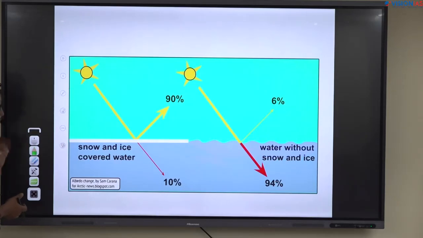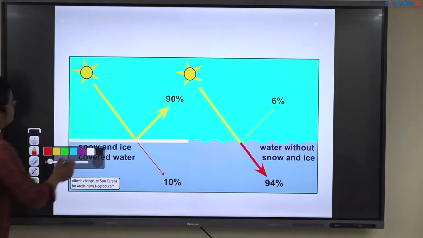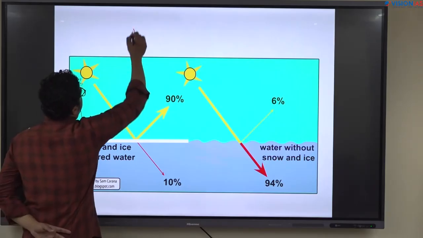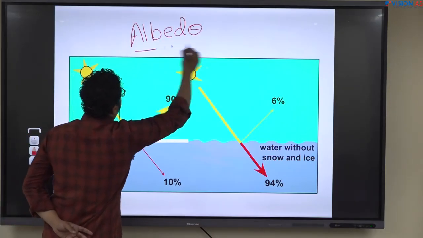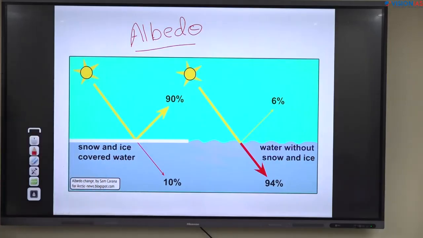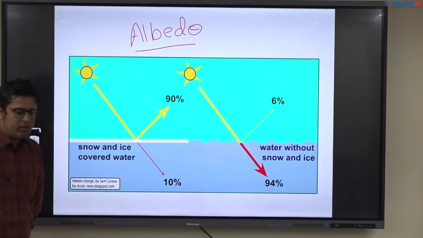But one thing you have to understand from the same topic. There is a concept in geography, albedo. Albedo is how much light a surface can reflect. Write down in the printout itself. Write down this definition.